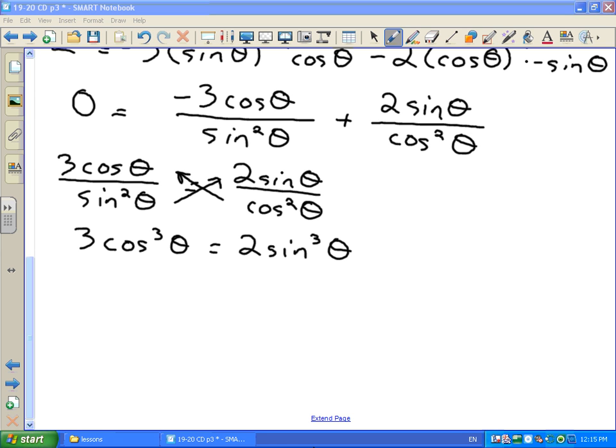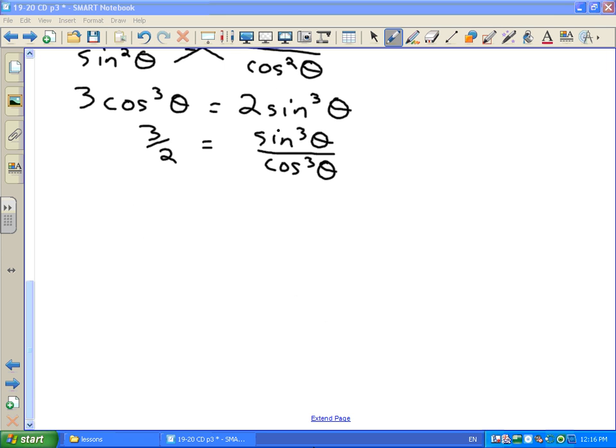And then I can divide through by cos cubed theta to get sine cubed theta over cos cubed theta. Divide through by 2 to get 3 over 2. This is good because sine cubed theta over cos cubed theta is tan cubed theta. And so I can solve this by taking the cube root of both sides.